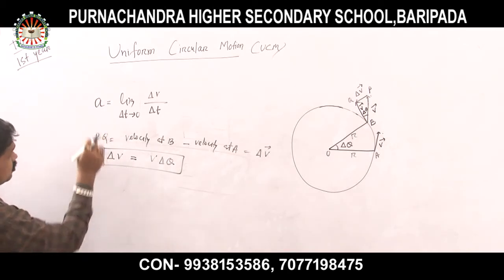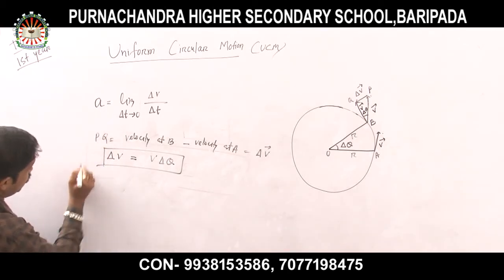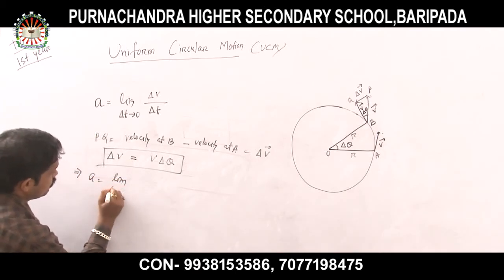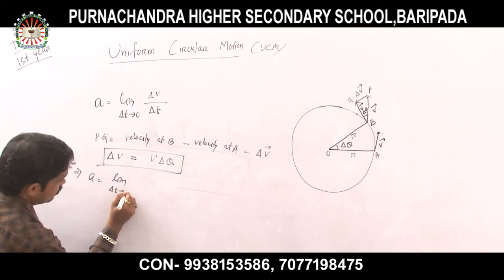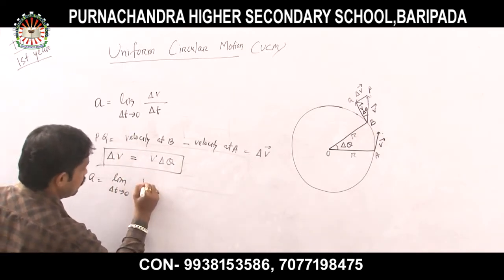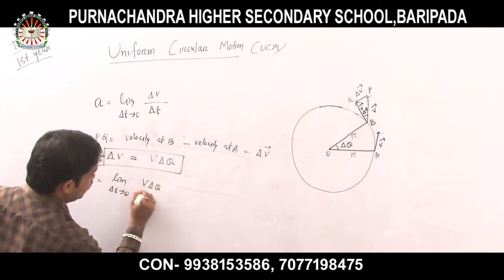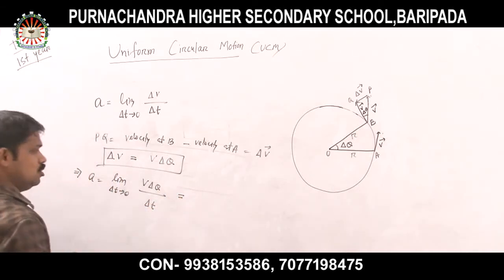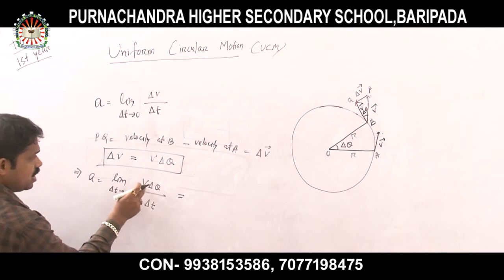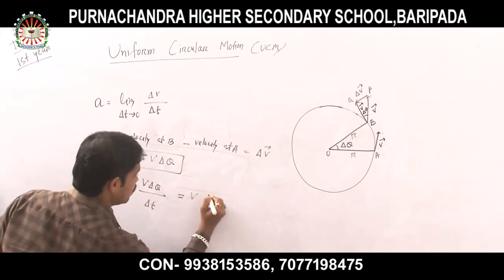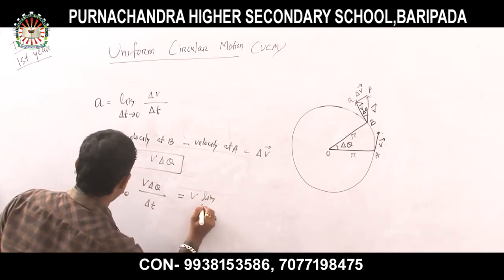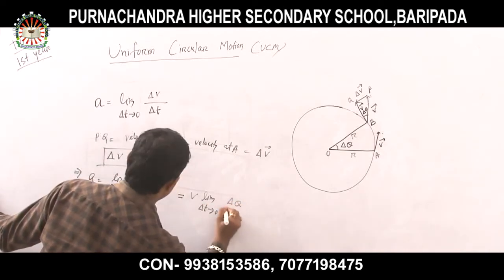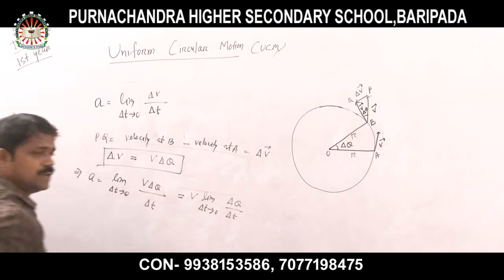So now let us put this value here. So when I am putting this value here, what I can get: a equals the limit as del t tends to 0. In place of del V I have to put V del theta divided by del t. So that is equal to, let us see, V I will take outside. So V times limit del t tends to 0 of del theta divided by del t.